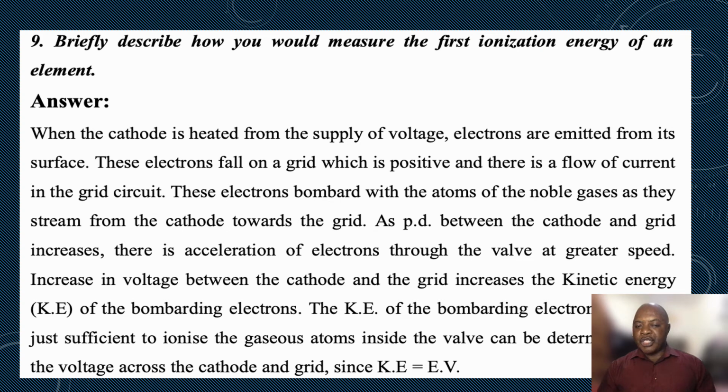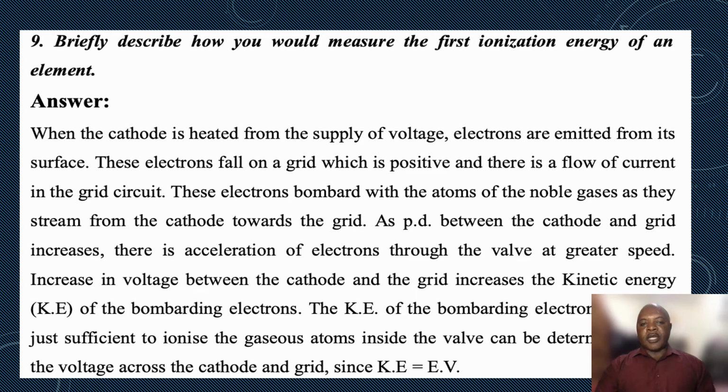Increase in the voltage between the cathode and the grid increases the kinetic energy of the bombarding electrons. The kinetic energy of the bombarding electrons, which is just sufficient to ionize the gaseous atoms inside the valve, can be determined through the voltage across the cathode and the grid, since KE equals eV.